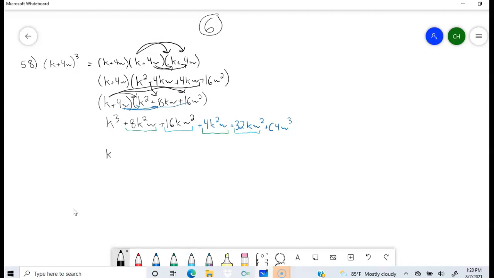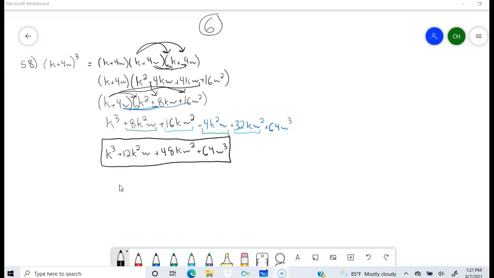So I have k to the third, 8k squared w plus 4k squared w is going to be 12k squared w. 16kw squared plus 32kw squared is going to be plus 48kw squared. And then I just drop my 64w cubed. And that is everything for this section.